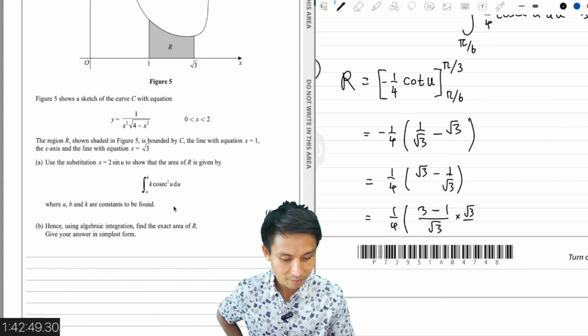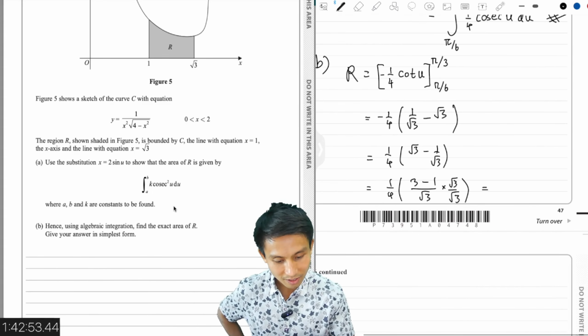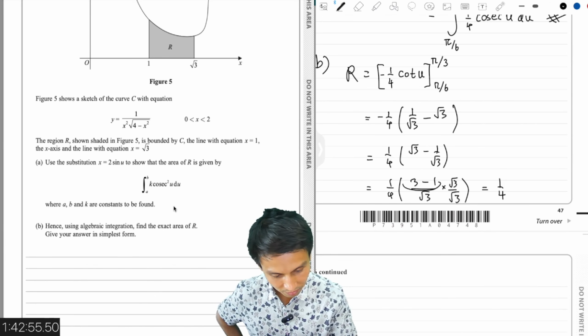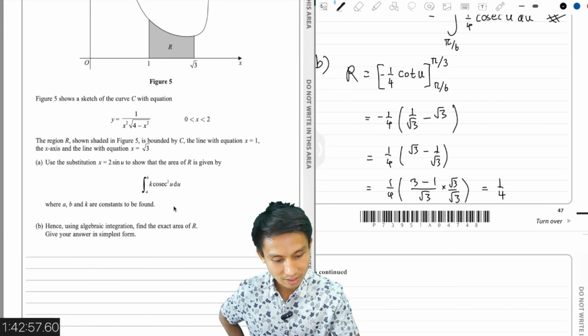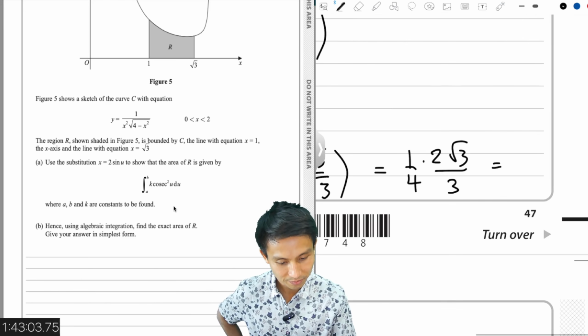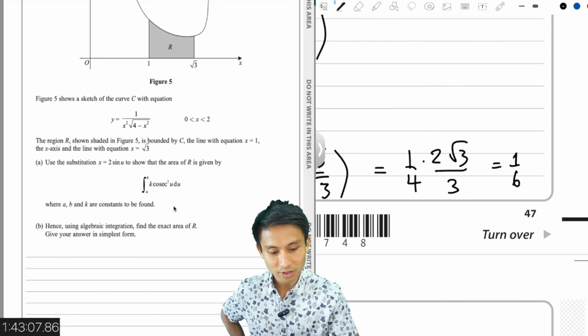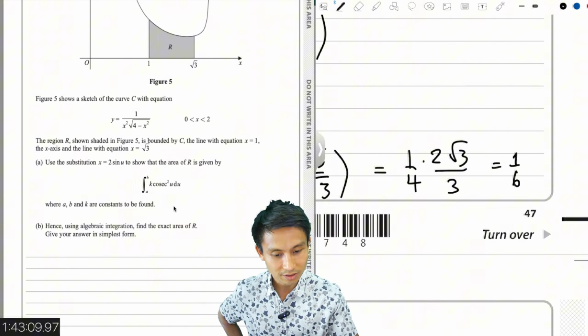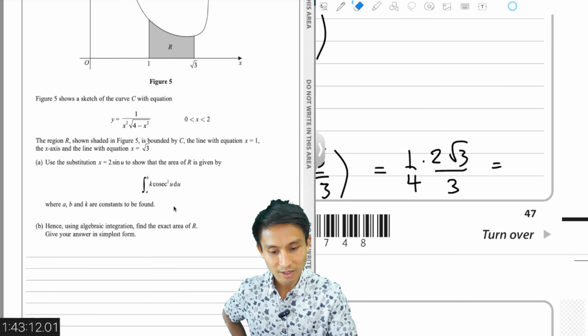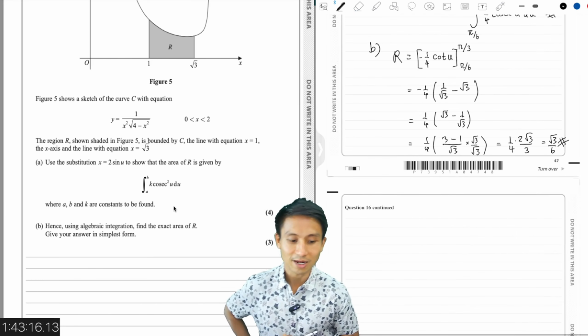If I multiply that by root 3 over 3, where I rationalize the denominator, I'm going to get 1 over 4. So the top bit is 2 times root 3 divided by 3. So that would now become 1 over 6, right? Because you can cancel the 2 and the 4 here. Root 3. So 1 over 6 root 3. I can write root 3 over 6 as my simplified answer.